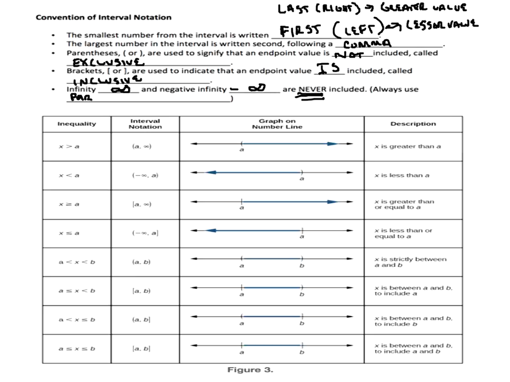In other words, you're always going to use parentheses instead of brackets with positive and negative infinity. So if I have a number line, running all the way out to the left is negative infinity, and all the way out to the right is positive infinity. Here's the origin at 0 there.